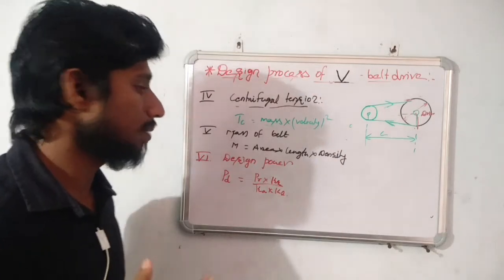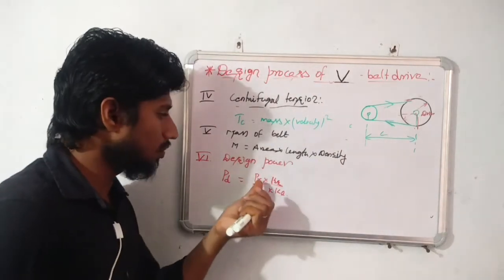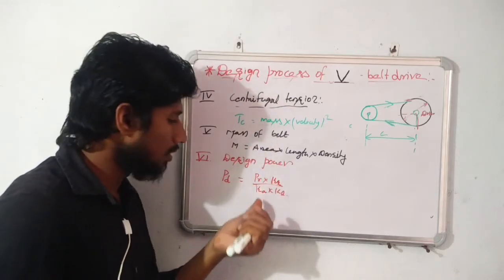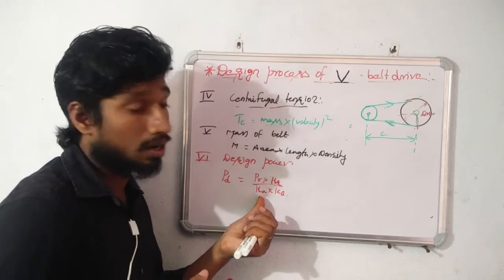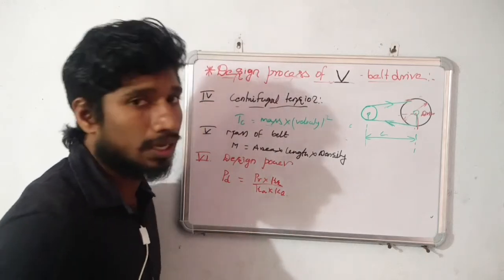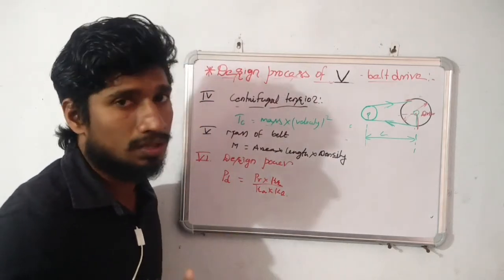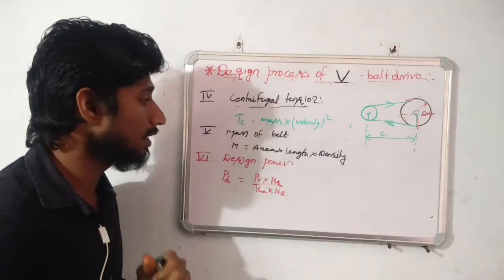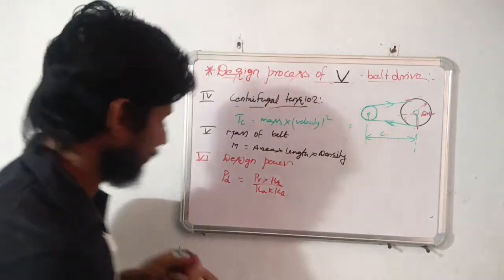What is the design power of V-belt? It is equal to PR, we know the rated power, and KS is the service factor, and K is the arc of contact factor. What about the KL? The KL is the pitch length factor for V-belt. So this is about the design power of the V-belt.